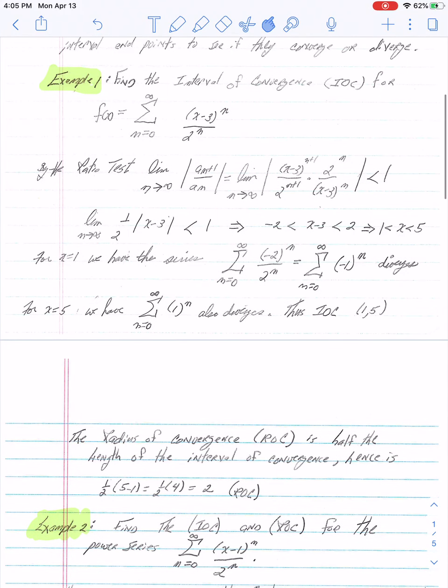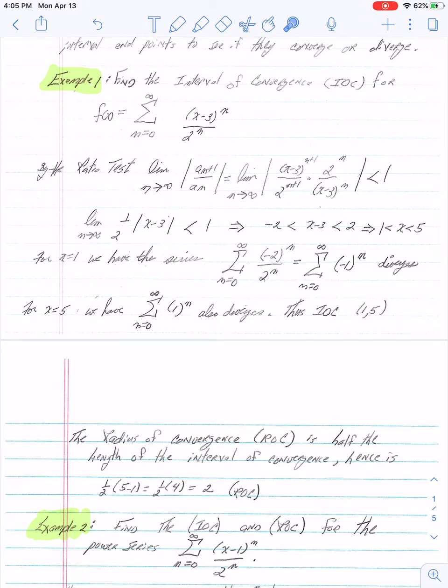Now what is the radius of convergence? Well, the radius of convergence is half the length of the interval of convergence. So what's the length of this interval? It's the larger endpoint subtract the smaller. So what's the radius of convergence?